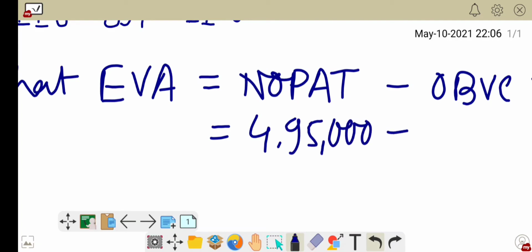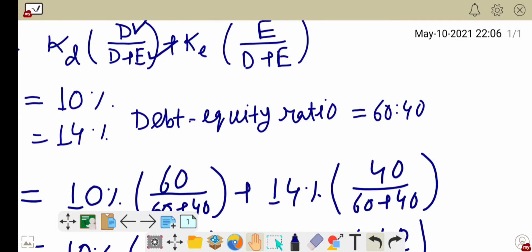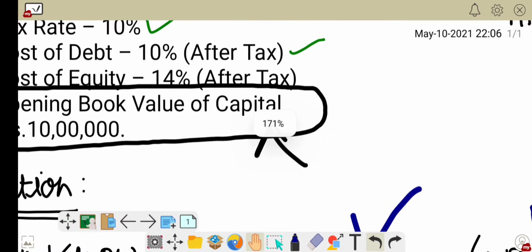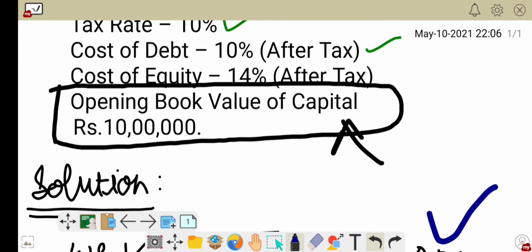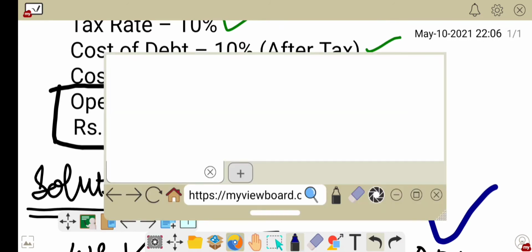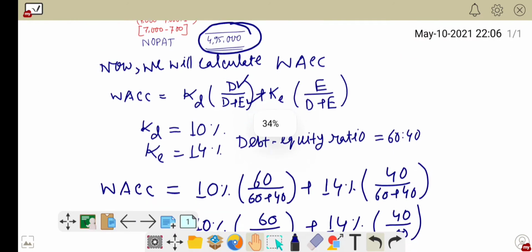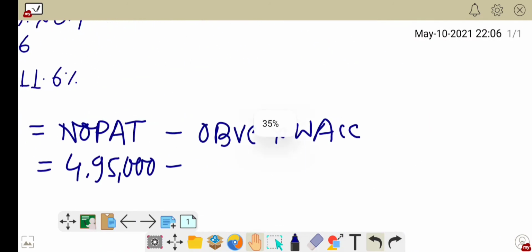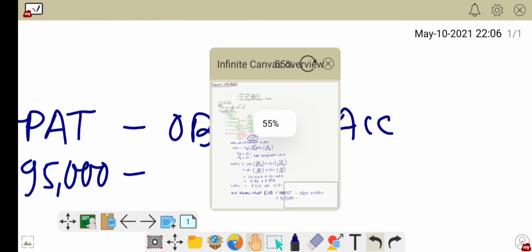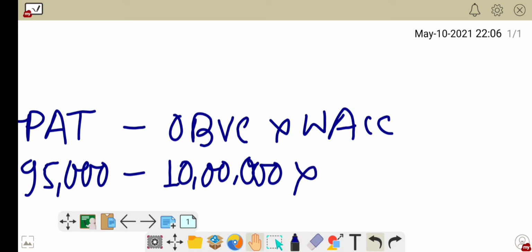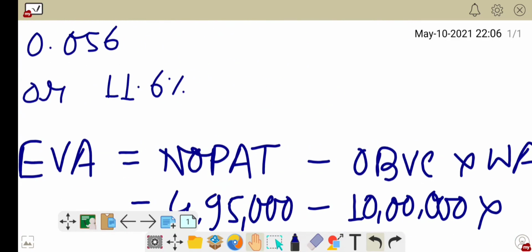Minus OBVC, which is already given in our question, that is the opening book value of capital, rupees 10 lakh, into WACC, and WACC is valued at 11.6%.